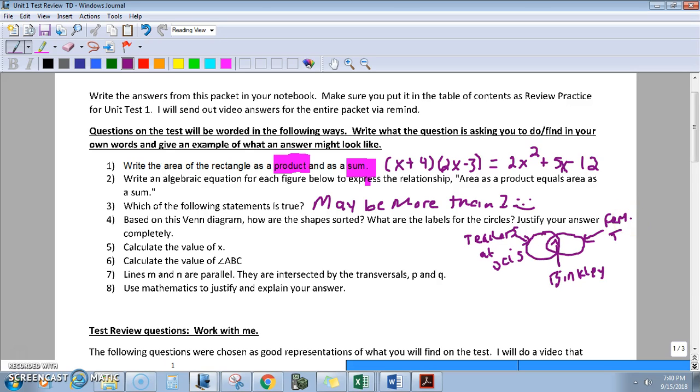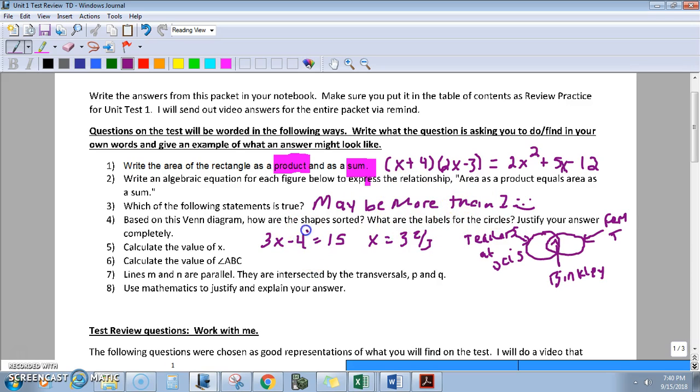Number 5, calculate the value of x. That means you have to solve an equation for x. Number 6, calculate the area of angle ABC. So it's going to be kind of, remember sometimes if you had, I'm just making things up here, if you had 3x minus 4 equals 15, okay, and you solved that for x, and you get x equals, let's see, 11 divided by 3, 3 and 2/3, okay, and then you have to put that back in.